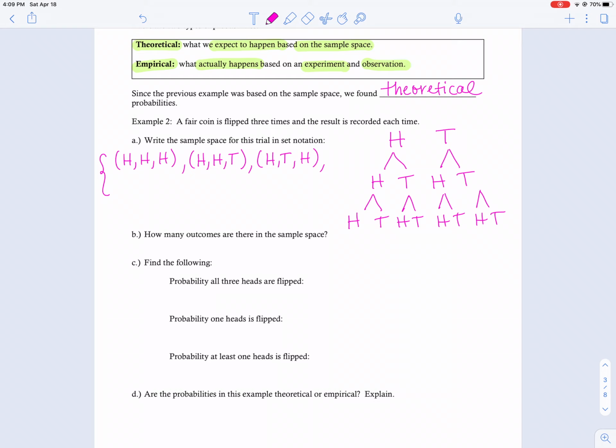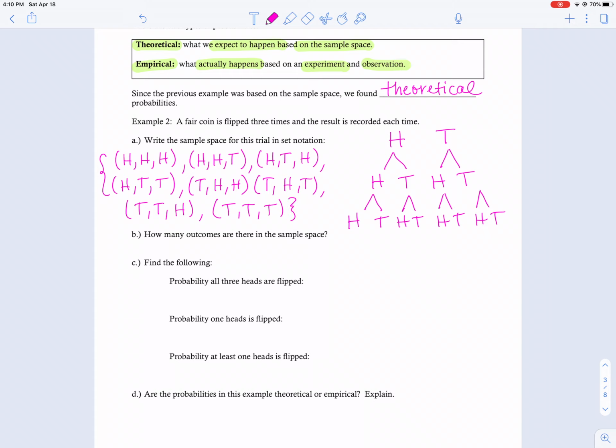You also could have gotten heads, tails, tails. Okay? You also could have gotten tails, heads, heads. Tails, heads, tails. You could have gotten tails, tails, heads. And then tails, tails, tails.